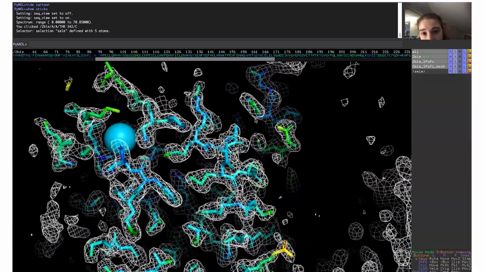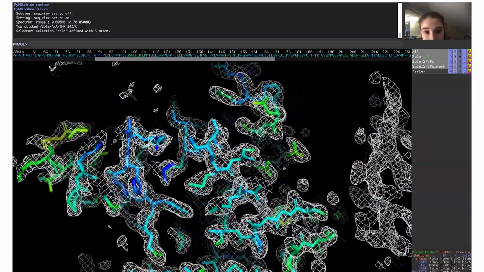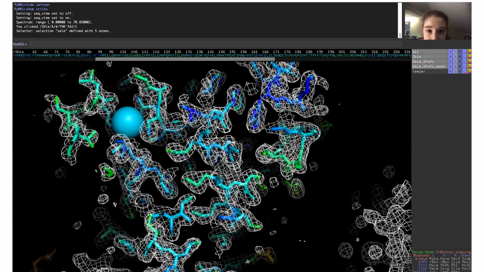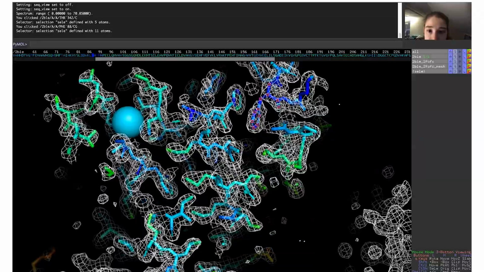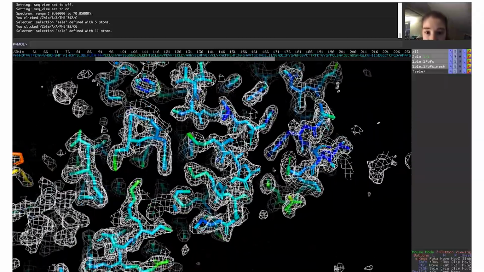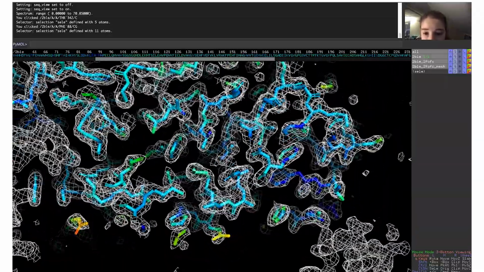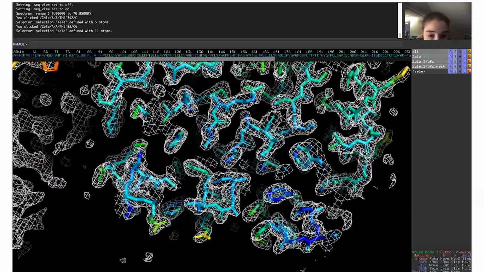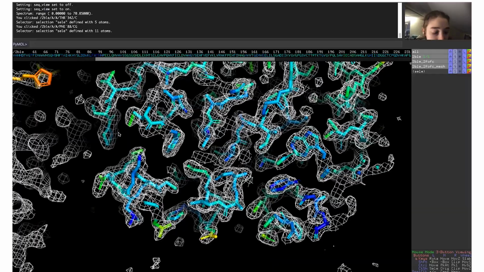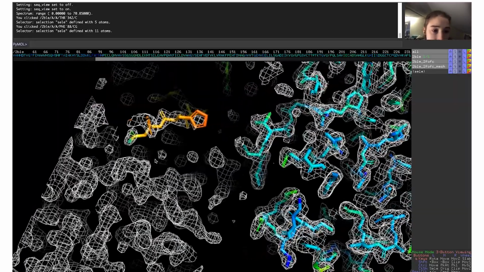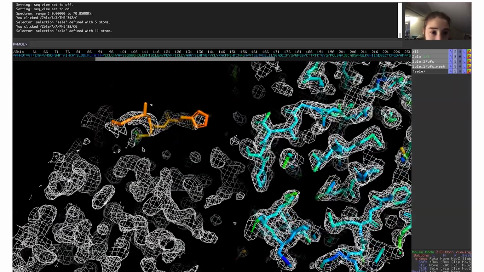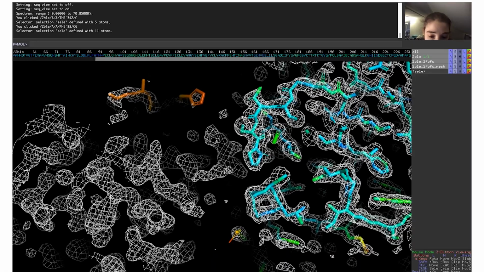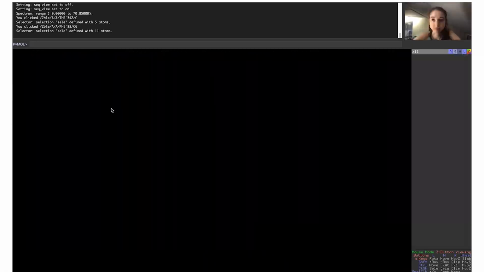We can clearly see the density for this histidine, and for this phenylalanine really nicely. In these dark blue regions, it's a lot easier to trace the various positions and be more confident about their locations, whereas in regions with a high B factor, it's harder to make out the positions of the various atoms.